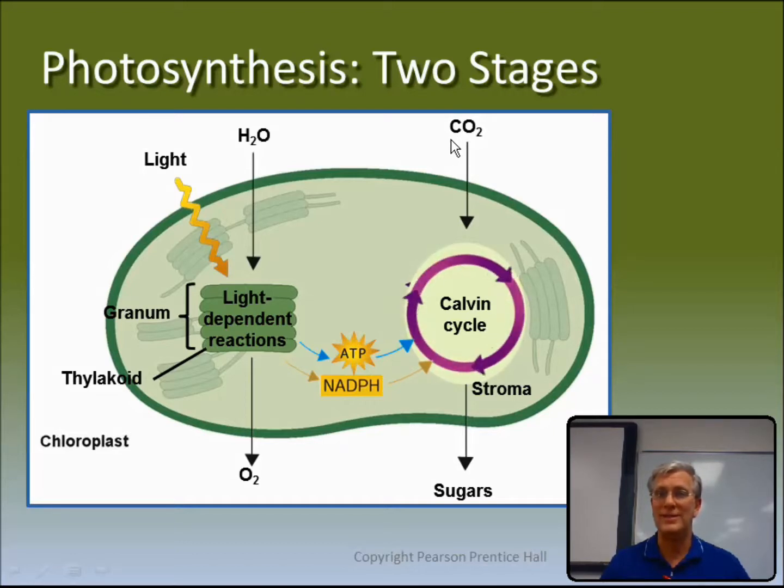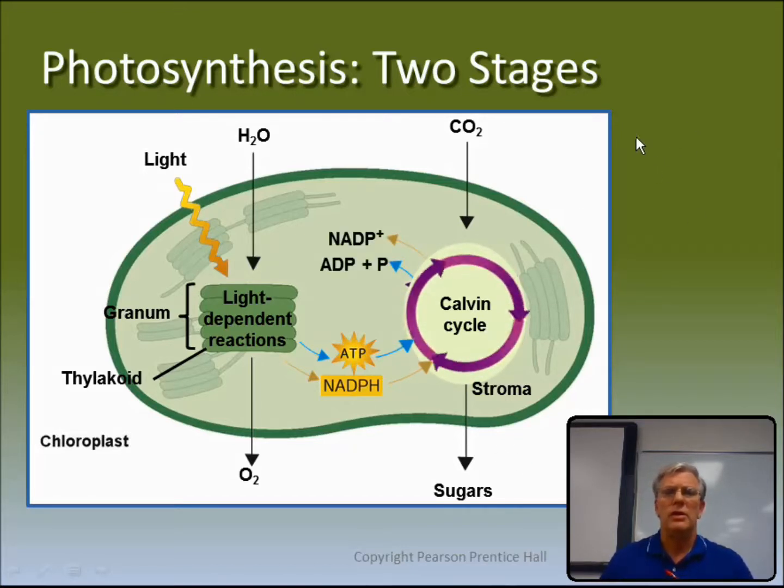Remember, glucose has 6 carbons, so we need 6 carbon dioxides to form that glucose molecule. Okay, so the energy that's used to drive this cycle again came from the light-dependent reaction in the form of ATP and NADPH.